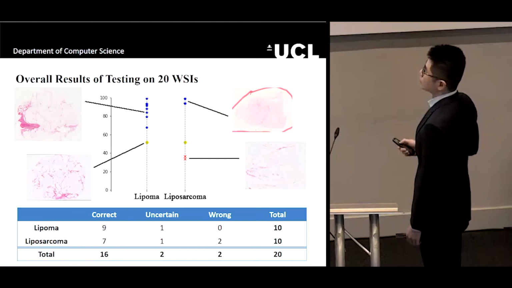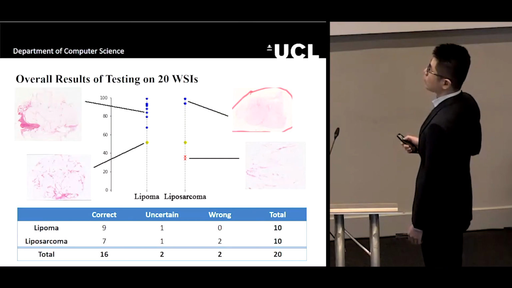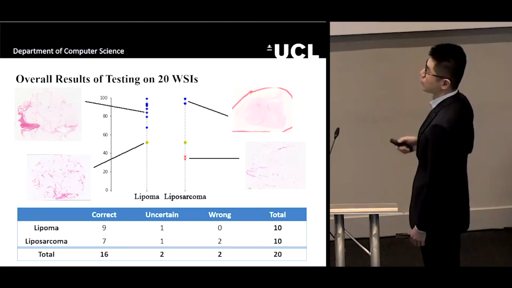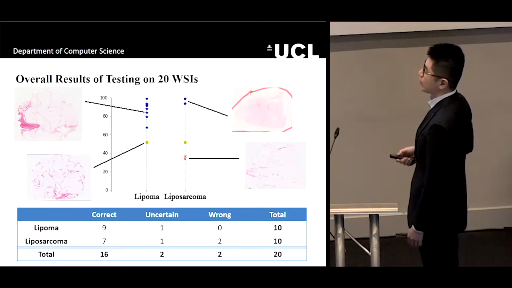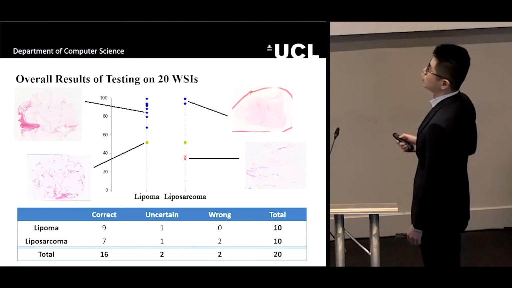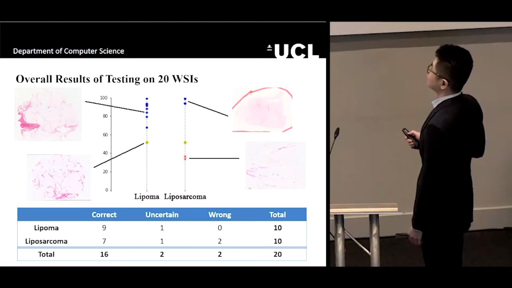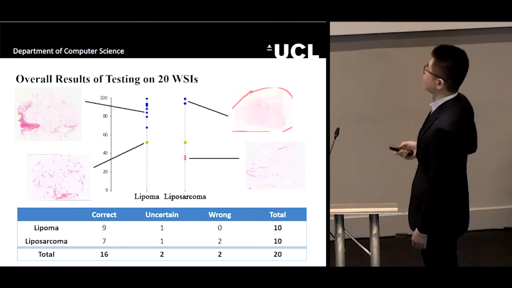However, I've got 1 in lipoma and 1 in well-differentiated liposarcoma, which are very hard to tell. Here is the whole slide image of the uncertain case, which contains a lot of fibrous tissue, fibrous septa. I've also got 2 out of 10 wrongly predicted in the malignant cases, which look quite similar to the benign case.